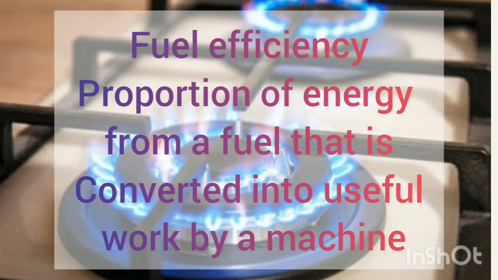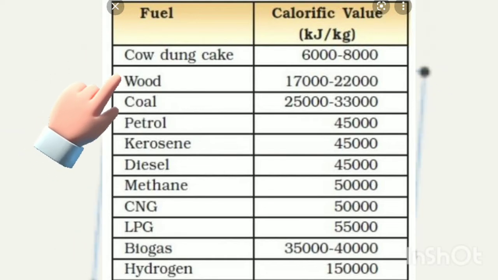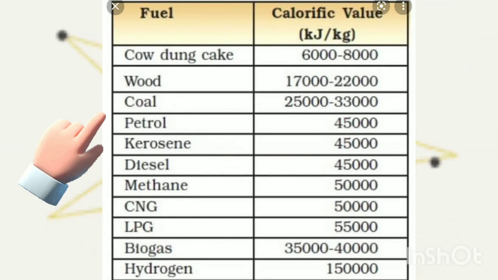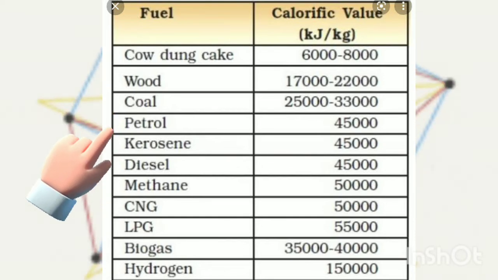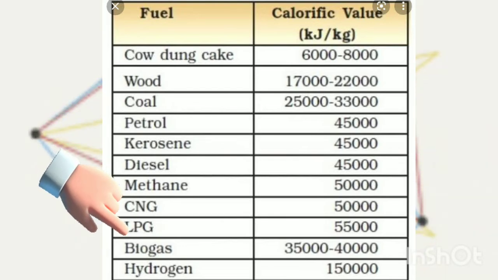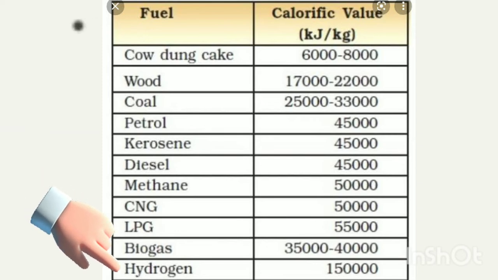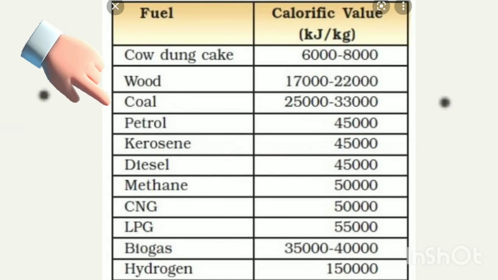The calorific values of some fuels are given in the tabular column. Wood pellets 17 kilojoules per gram, charcoal 35 kilojoules per gram, coke 33 kilojoules per gram. Then petrol 47 kilojoules per gram, LPG 50 kilojoules per gram, hydrogen 150 kilojoules per gram, coal 25 to 33 kilojoules per gram.